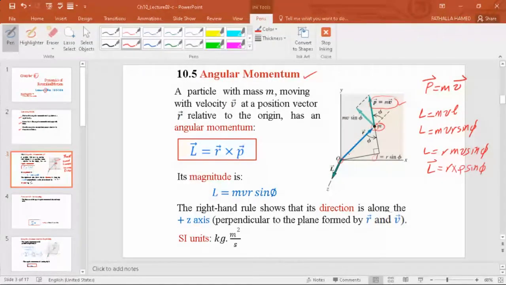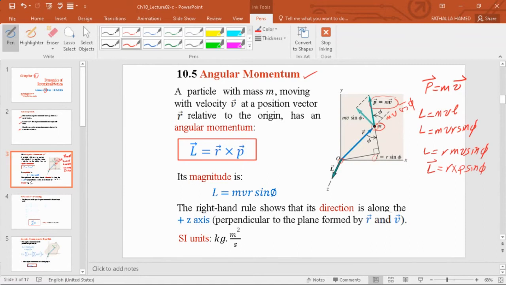Now, look at your linear momentum here. If you extend the position vector here, you will find that the linear momentum makes an angle phi, because of your geometry, this angle will be phi as well. Now, you look at the components of the linear momentum, one which is along the position vector here, and that's mv cosine phi, but that's not going to affect the rotational motion.